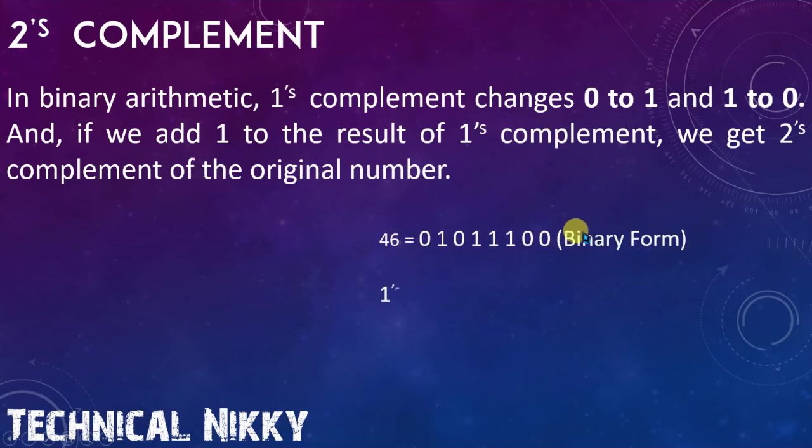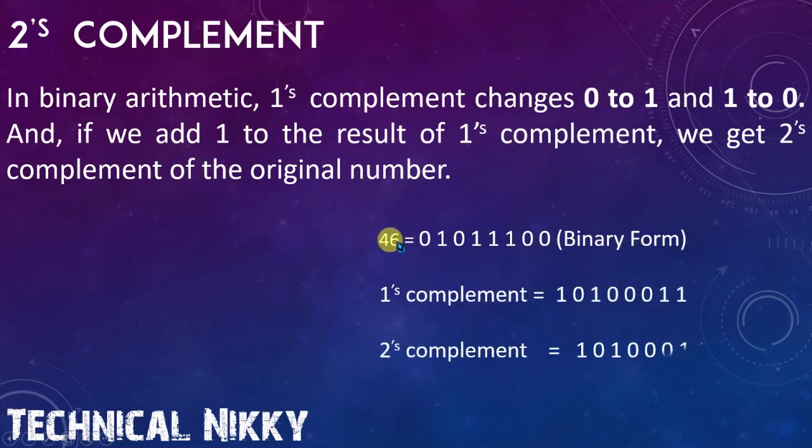Consider the following example, 46, and its binary form is 0 1 0 1 1 0 0 . Ones complement converts the 1 to 0 and 0 to 1. And if we add 1 to the result of ones complement, then it is called the twos complement.